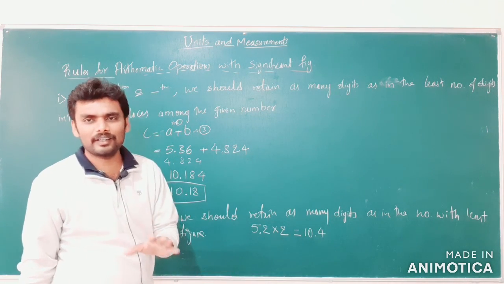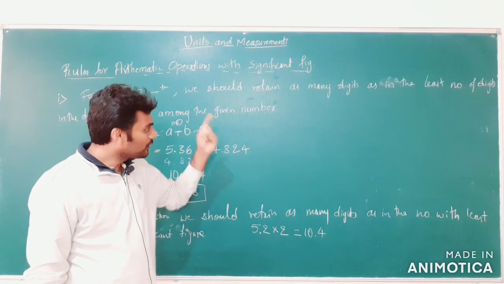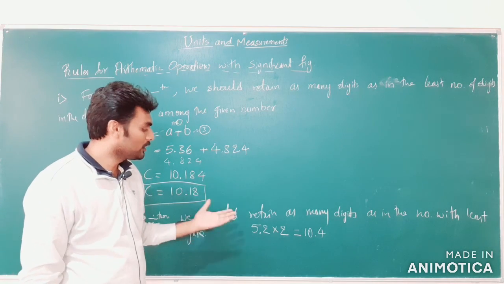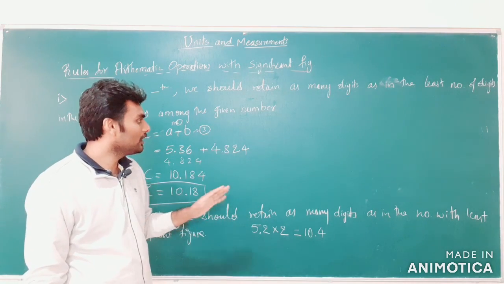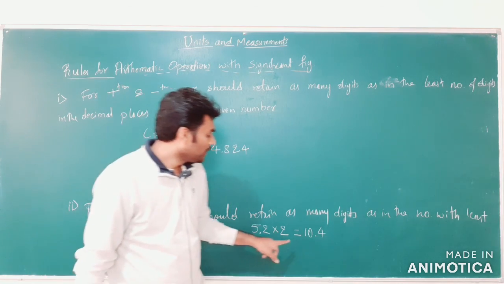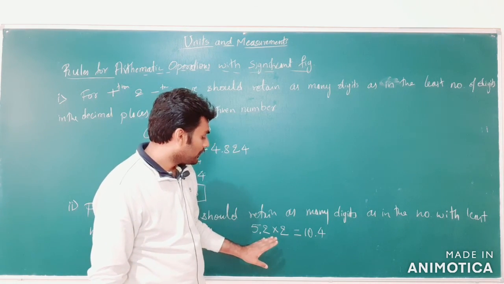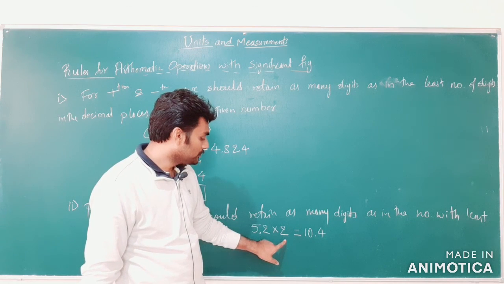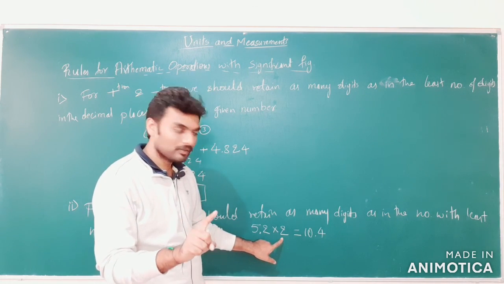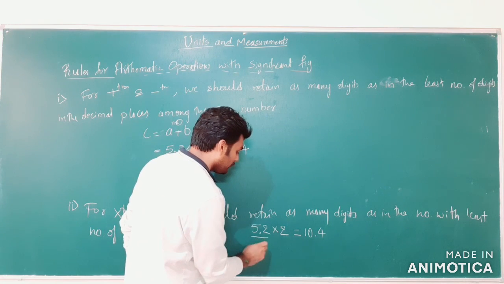You just understand it. It's very easy. Don't need to memorize these things much. They will be helpful in problems. You just make your sentence and write them properly. That's fine. So here among 5.2 and 2, 2 has the least number of significant figures, only 1. What is the significant figure of 5.2?